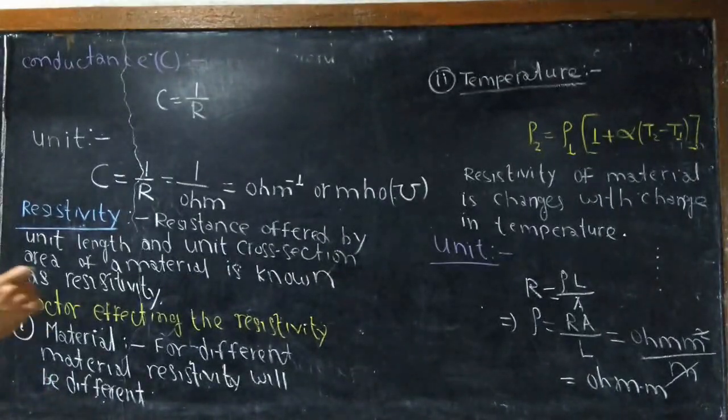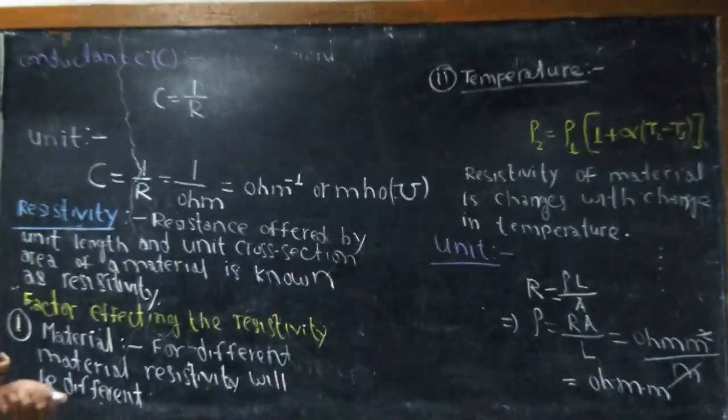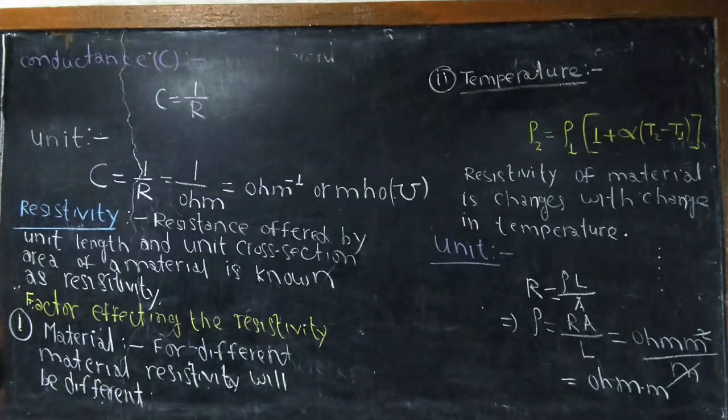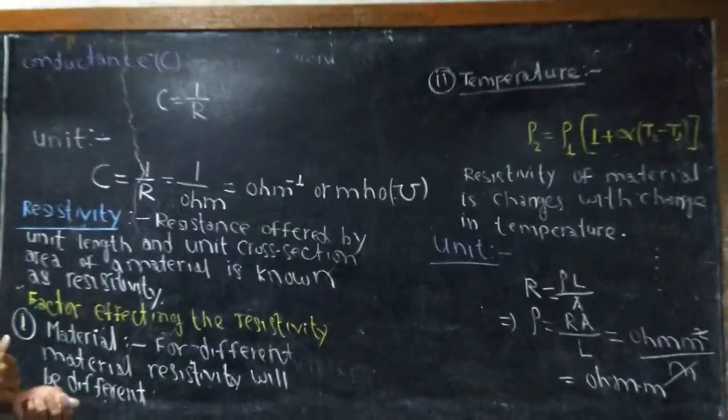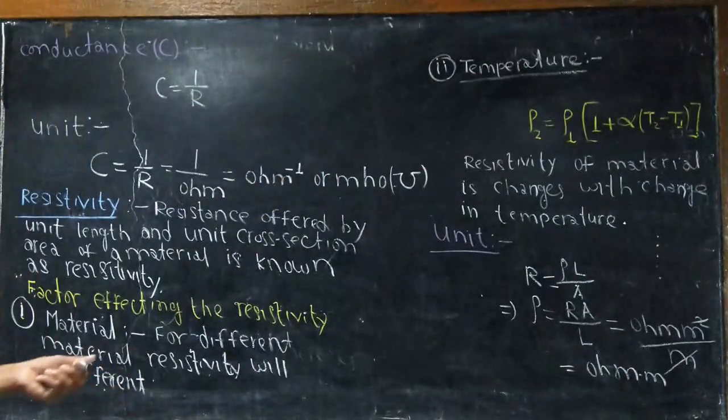One more thing we have to discuss: conductivity. Conductivity is 1 by resistivity, just like resistance and conductance, where conductance is equal to 1 by resistance.